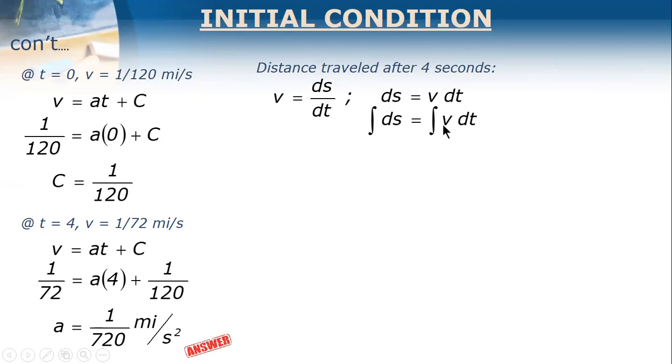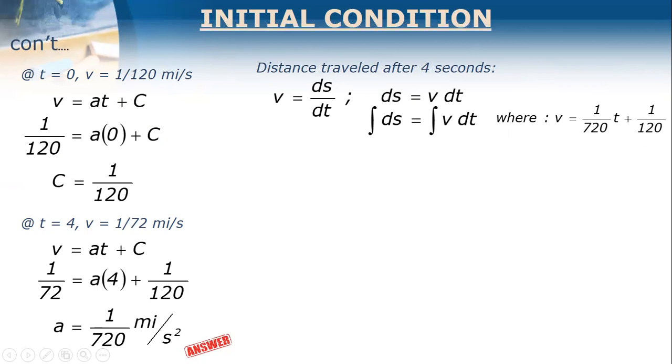Now v is not a constant. It's a function equal to at plus c. So we are going to substitute a and c in the expression of v. We have this. Our a is 1 over 720 and our c is 1 over 120.